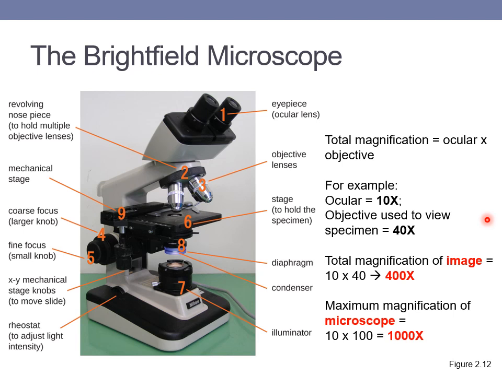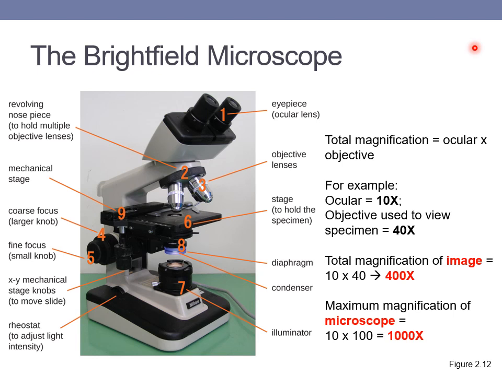The total magnification of an image you view is a combination of the ocular lens and the objective lens and can be calculated with the equation shown here. Total magnification equals ocular times objective lens. In this example, the objective used to view a specimen is 40x.